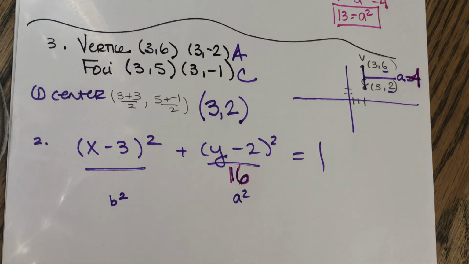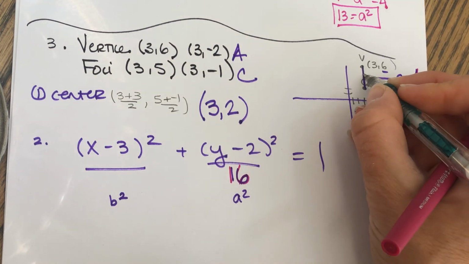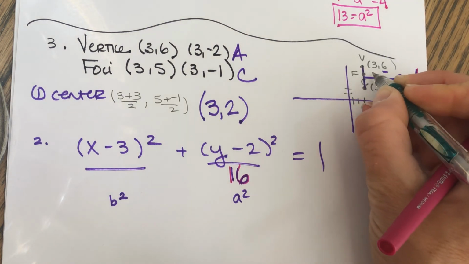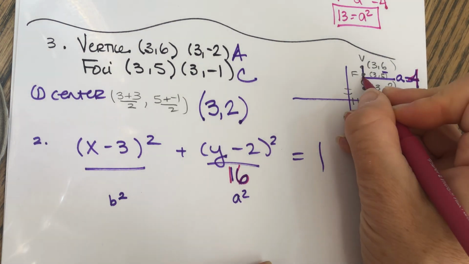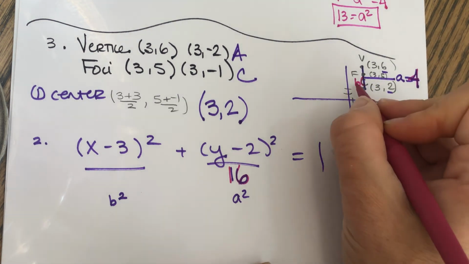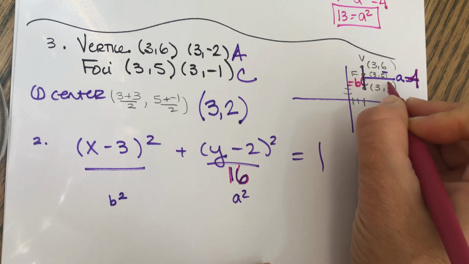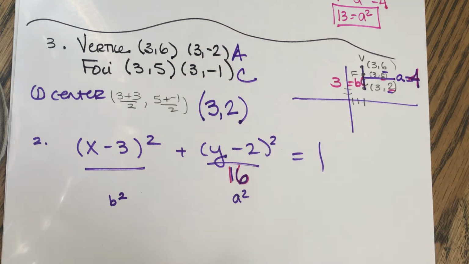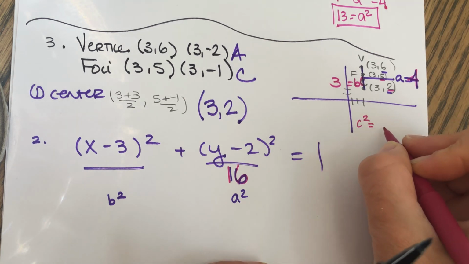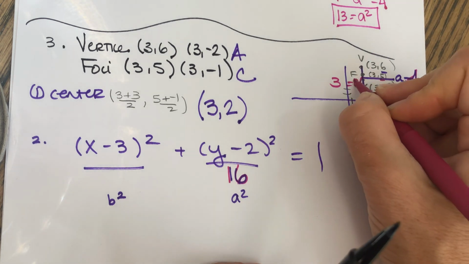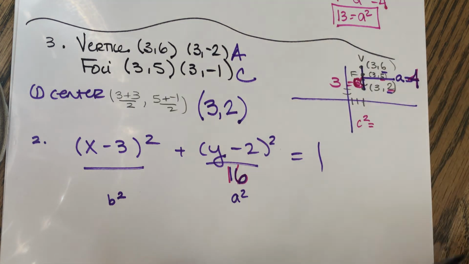Now let's plot our foci. So our foci I'll do 3, 5. And again, everything comes from the center. So this is my B. So if you're going from 2 to 5, my B is 3. Actually, I was not paying attention, I went into my own world.